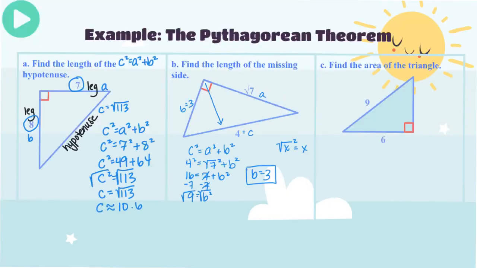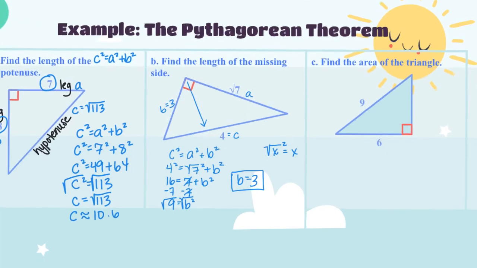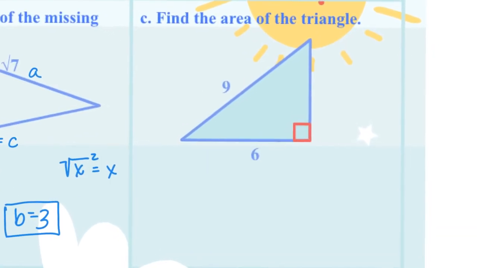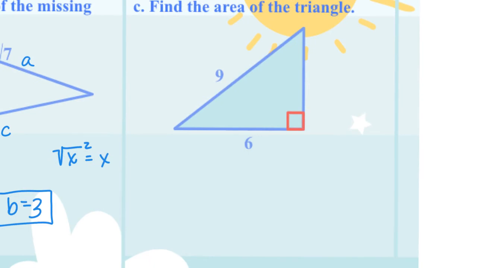Now let's look at the last example, example C. Find the area of the triangle. I know that the formula for the area of a triangle is area equals 1/2 base times height, or area equals base times height over 2.